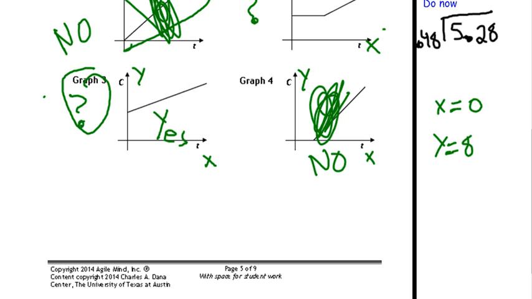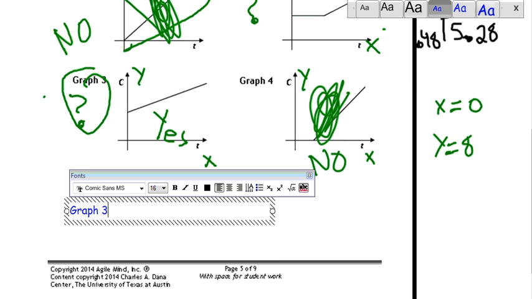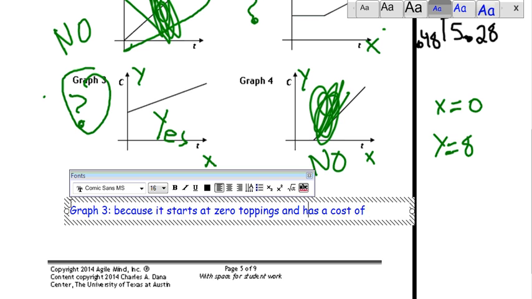So it's going to be graph 3. Here's what we're going to write: graph 3, because it starts at 0 toppings and has a cost of $8.